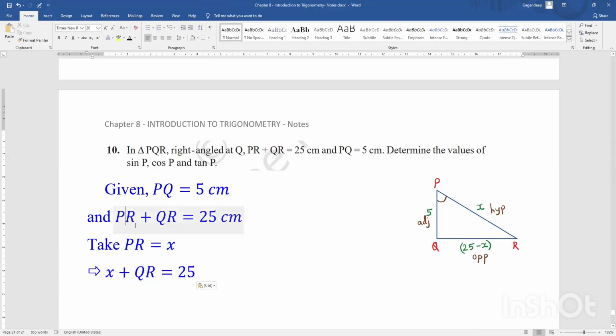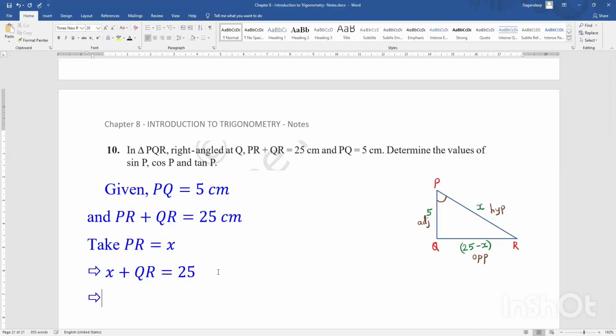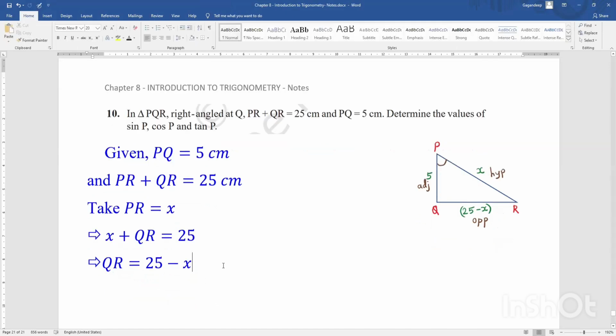Okay, because PR you are going to substitute with X, so you get X plus QR equals 25. And that means to say you have QR equals 25 minus X. So you get QR as 25 minus X.